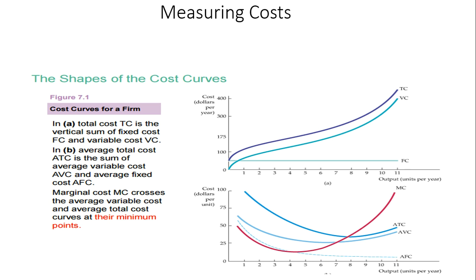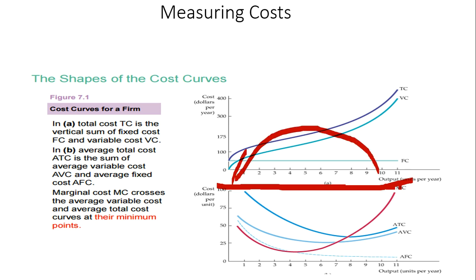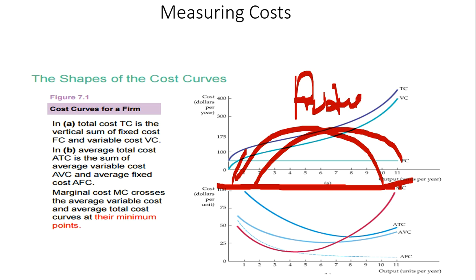So if we were to put another graph here and do the opposite, the curves would now be like this. So this is with production. The one on top could be for production, and this one is for the cost side.